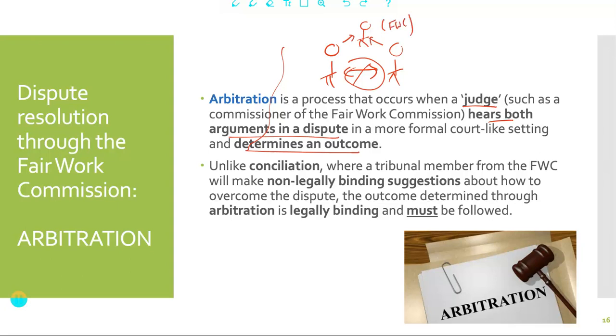So unlike conciliation, where the tribunal member will make a non-binding suggestion, a suggestion that doesn't need to be agreed on, doesn't need to be implemented, ultimately we come to the final step: the Fair Work Commission will make a legally binding decision, and this must be followed even if the parties don't agree.